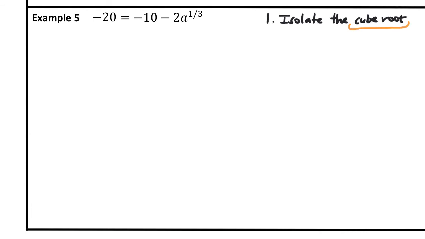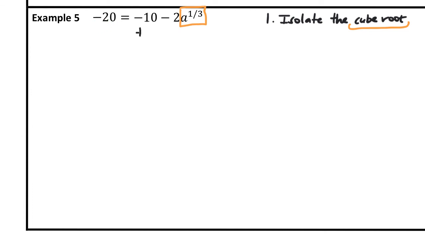Where is the cube root? It's right there. So there's a couple things happening around it, right? It's being multiplied by -2. It's being subtracted by 10. And there's a -20 on the other side.